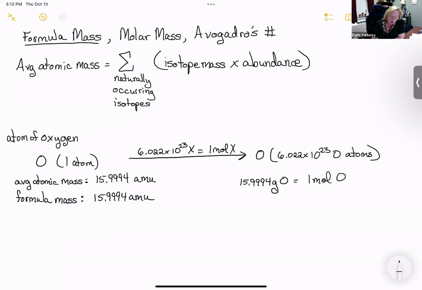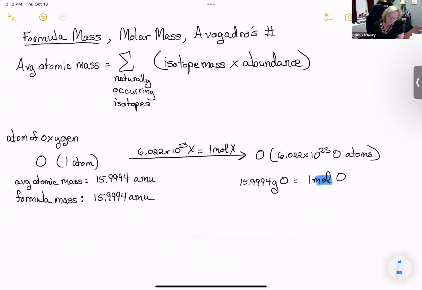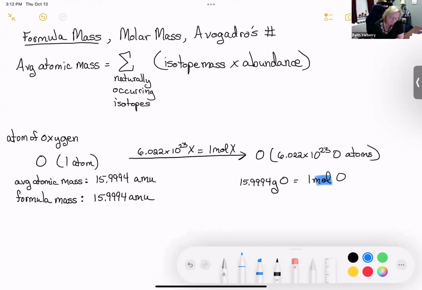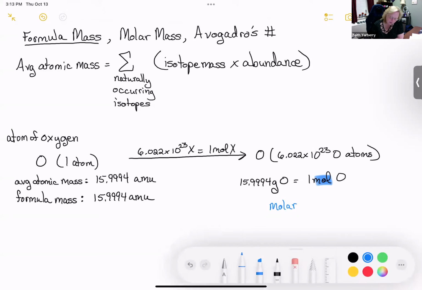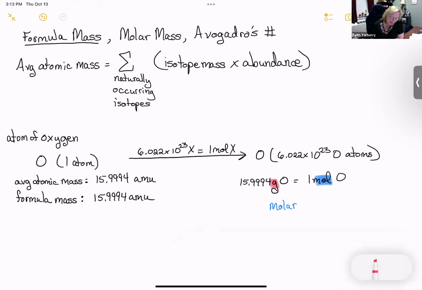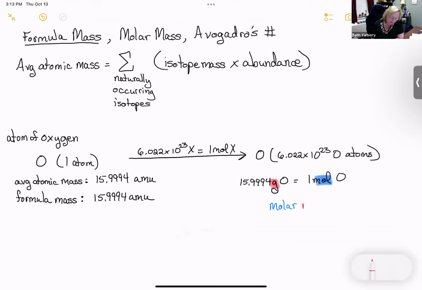Now, when you talk about 6.022 times 10 to the 23rd of a thing, you are talking about a mole, and you are talking about mass. So that is known as its molar mass.